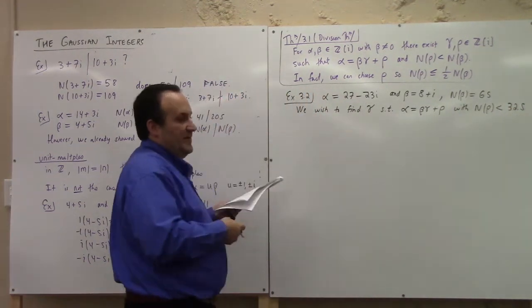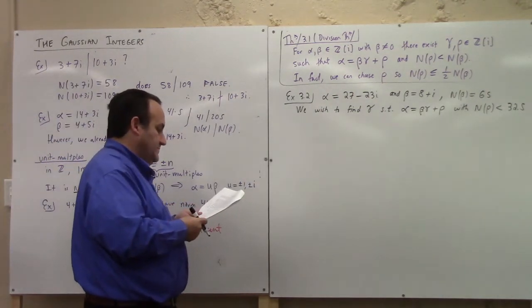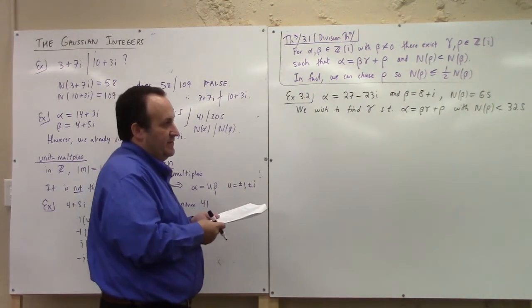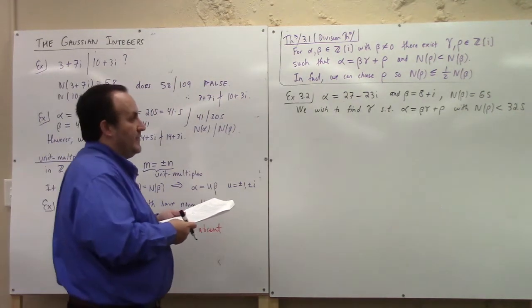So the norm of rho can be at most 32, since it has to be an integer, assuming that 32 can be reached as a sum of squares. I don't know if it can. But anyway.